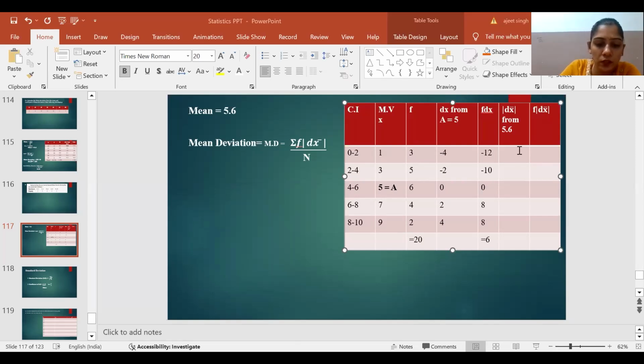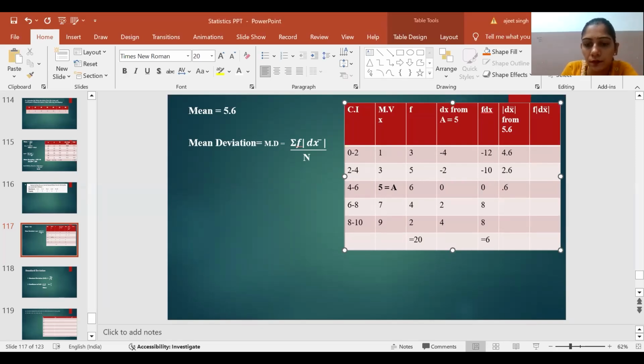It's 4.6. Okay. Next, 5.6 minus 3 is 2.6. This is 0.6.